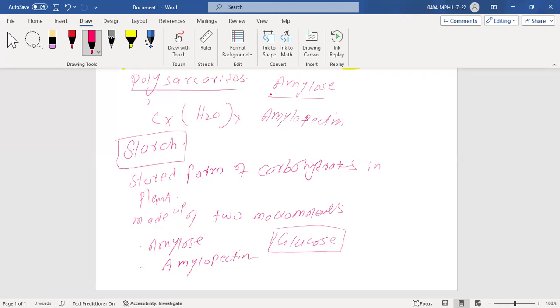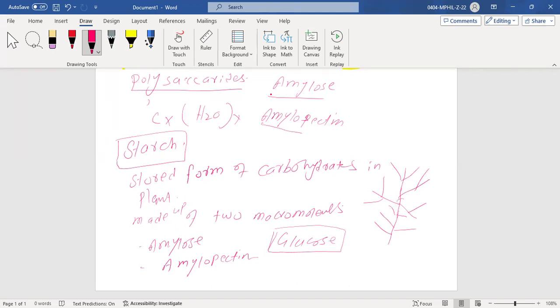And in case of amylopectin, you can observe it would be a structure like this. I can show you, it is a branch chain. This is how these glucose units and other structures will be involved here. Like a branch, just like a tree, this structure is distributed.